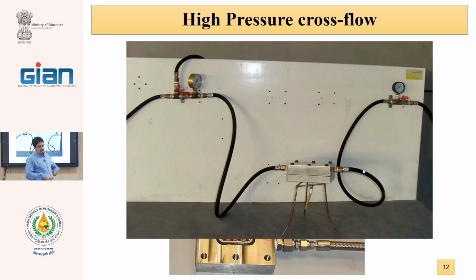This is a simple test of the cross flow. This is our cell. One here is the entrance of the feed, and this goes to the concentrate. And we have entrance pressure and exit pressure, and with control of these valves, we can control the flow and pressure.